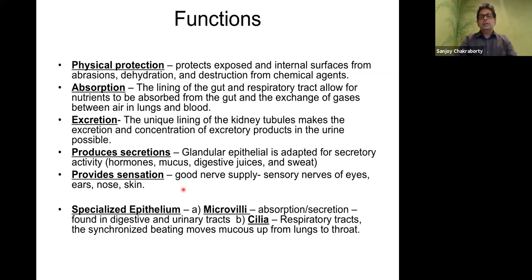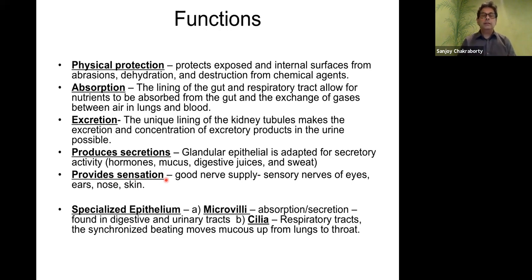It produces secretions. That's also involved in the digestive system, mainly, where lots of glandular epithelia produce a lot of secretions, and glandular epithelia are also part of that. It provides sensation. There are a lot of cells on the top layer of your skin which provide sensation, meaning they detect changes that happen in the environment around your body.